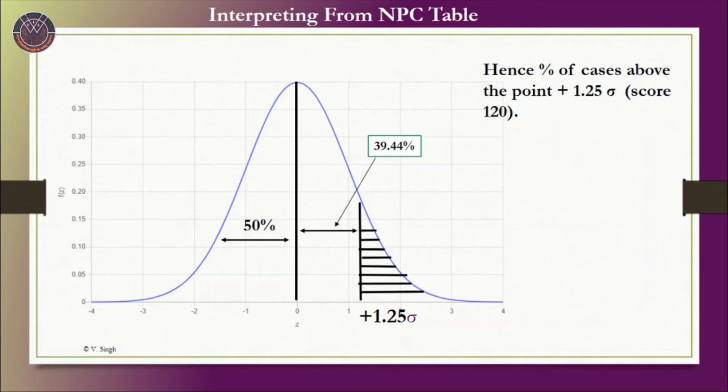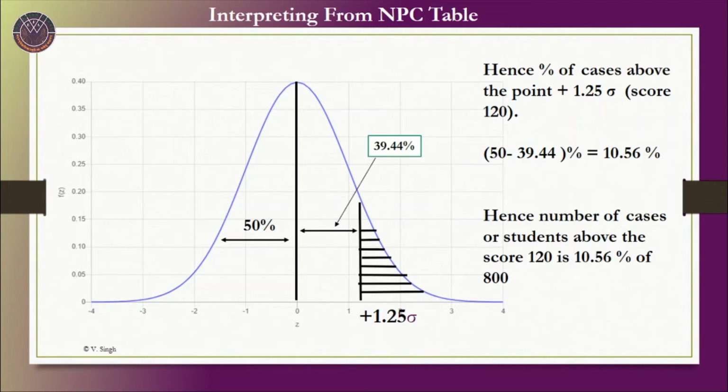So we can find out percentage of cases above the point plus 1.25 sigma, given by 50 minus 39.44%. That is 50% of the right hand side minus 39.44% up to plus 1.25 sigma. So remaining is 10.56%. Also, as we know that total number of students are 800, we can find out 10.56% of 800. So we get 10.56% of 800 as equal to 84.48 or 84 students.